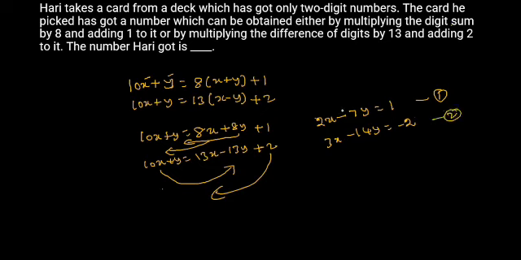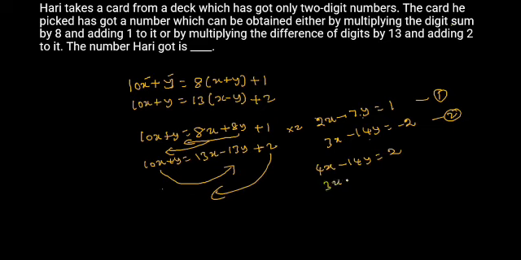Now what we have to do is equate the minus 7y and 14y. When can we equate it? When I multiply the first equation by 2, the 7y will become 14y. So the first equation will become 4x minus 14y is equal to 2.